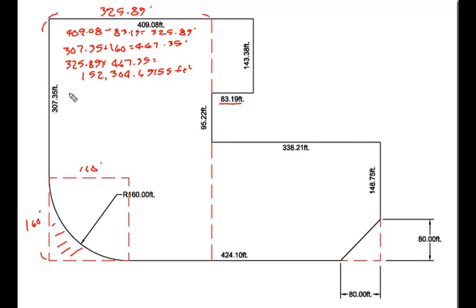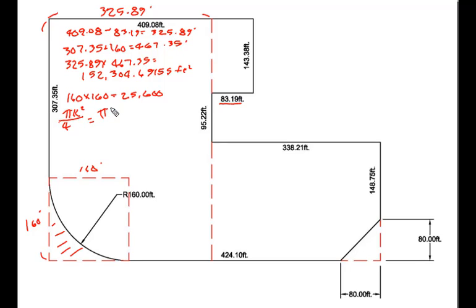So if we say 160 times 160 equals 25,600, and then we know that the area of this segment of the circle is going to be 1/4 of the total area of a circle with a radius of 160. So we know the formula for finding the area of a circle is pi r squared. If we divide that by 4, that will give us this segment area here.